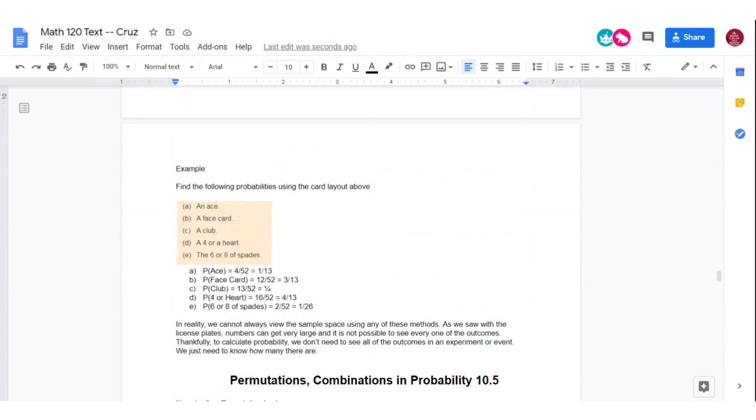All right, let me copy and paste this one over there. All right, this is another sample space using a tree diagram.